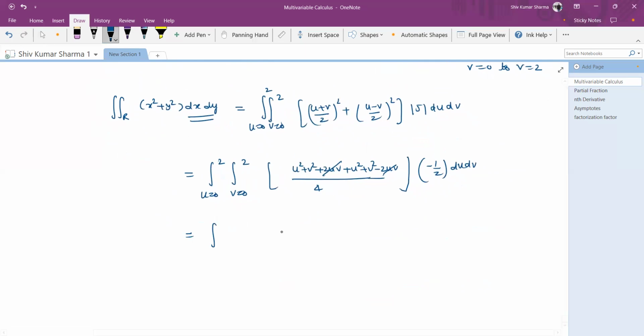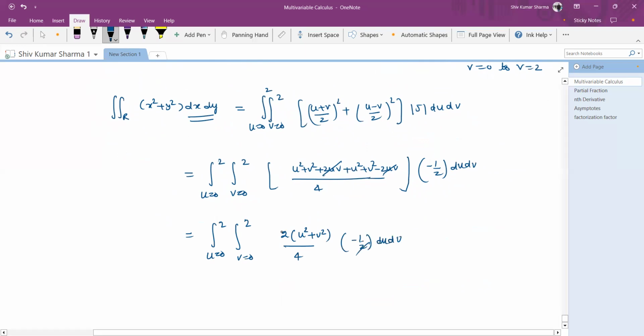Now we write u from 0 to 2, v from 0 to 2. This gives 2 into u square plus v square upon 4, into minus 1 by 2, into du dv. So 2 and 2 cancel.